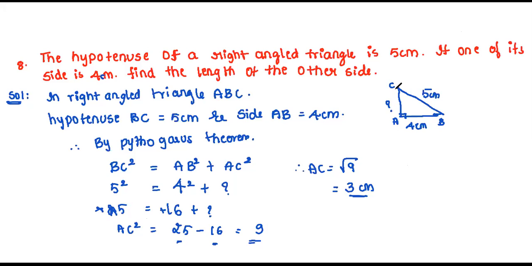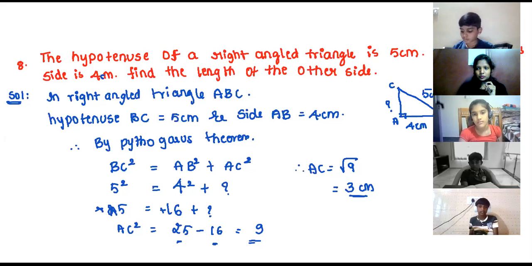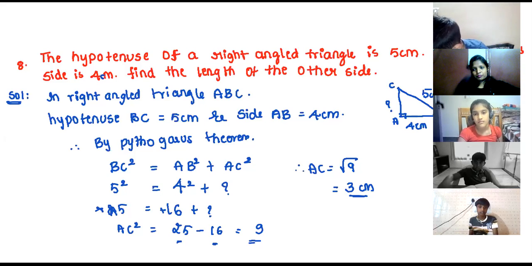No, right? So when I remove the square, it will become 3 only. I'll let you know regarding that. Don't worry about the class end timings. Can I go with the next question now?